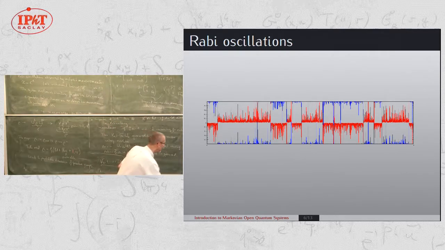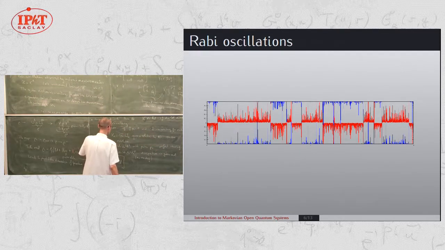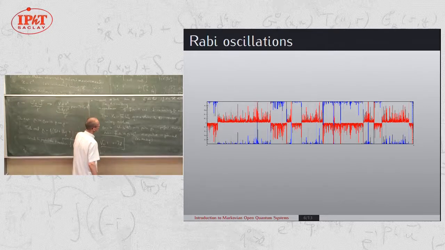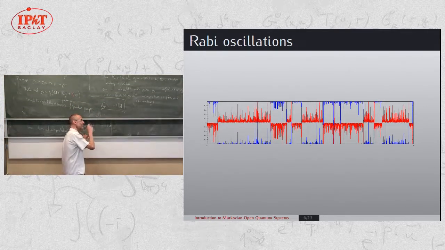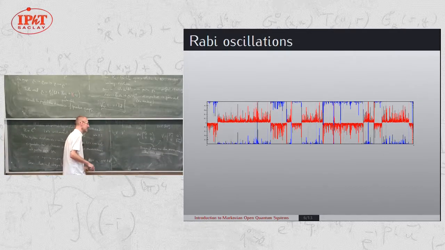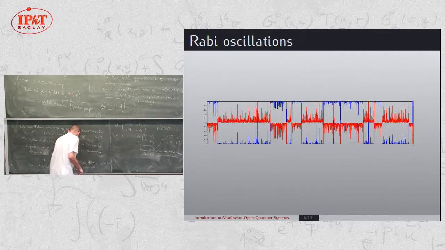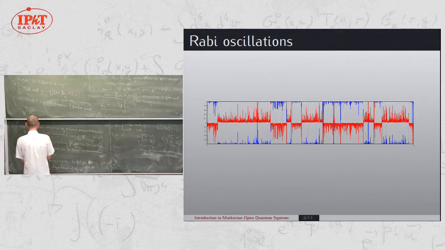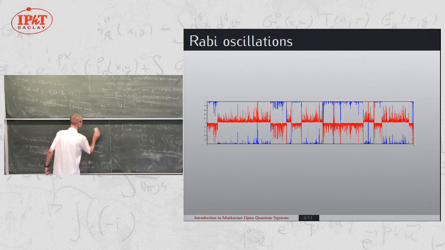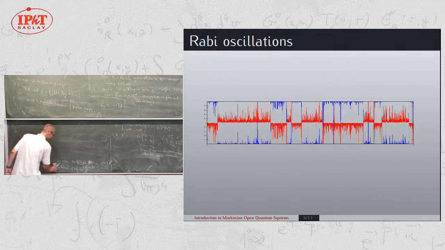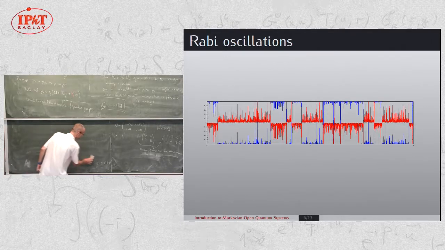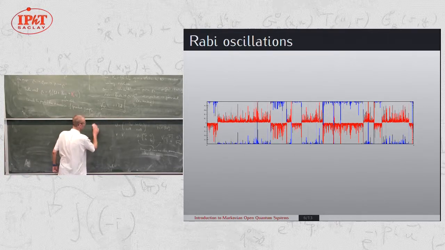Maybe I can go back to the blackboard now that we have seen the pictures. I guess this experiment is made in labs, and this is really one of the Gedanken experiments of the founders of quantum mechanics.